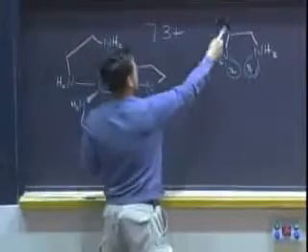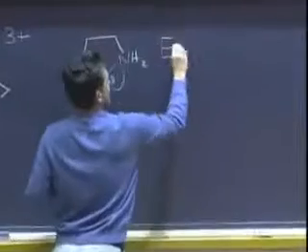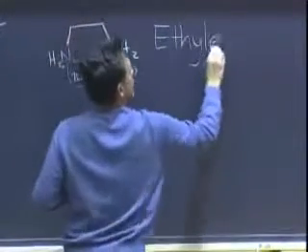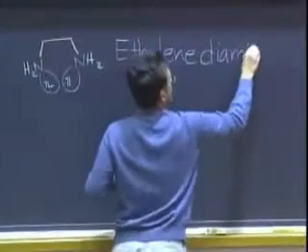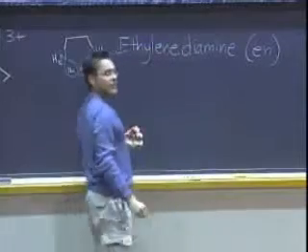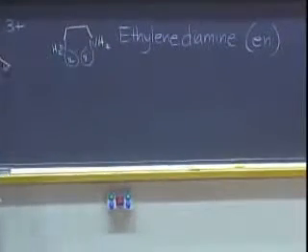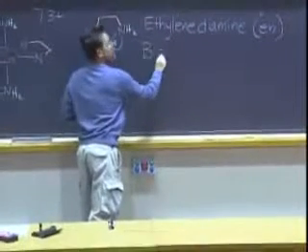That is permitted by this bridge. This particular ligand is called ethylene diamine. And it is called EN for short, ethylene diamine. And it is an example of a bidentate ligand.